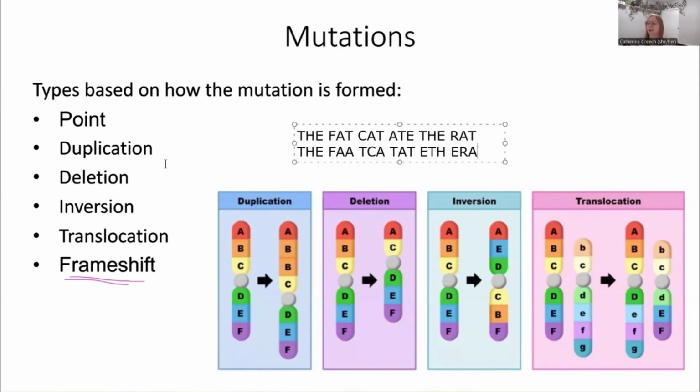So my reading frame was pushed down because of this addition of the extra A. I can see that the rest of the sentence is still there. The fat cat ate the rat, but now it's no longer lined up. Now my codons, each one of them is changed.